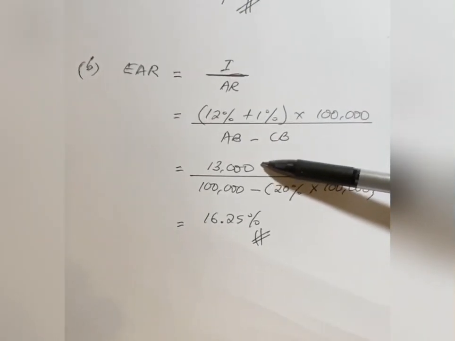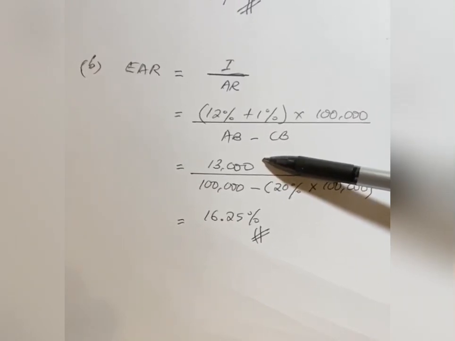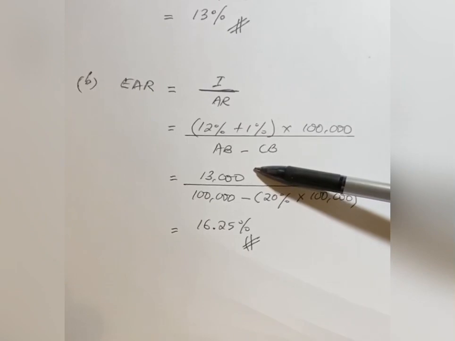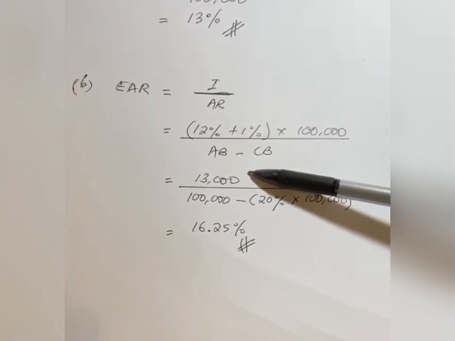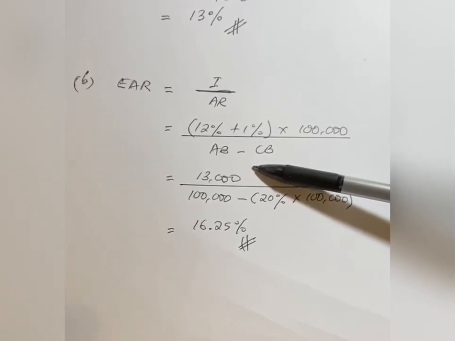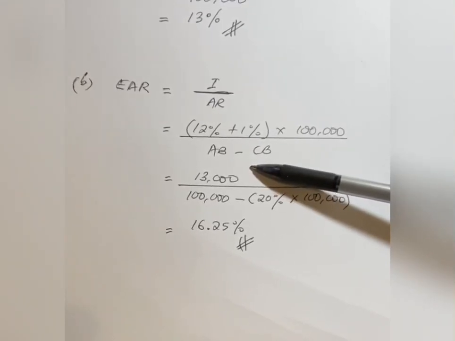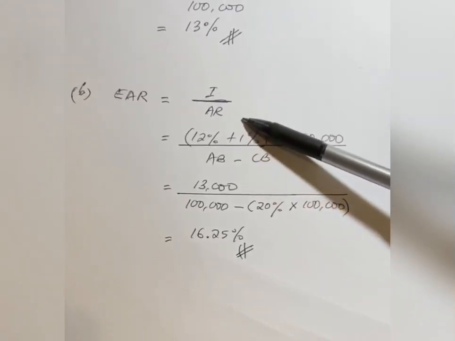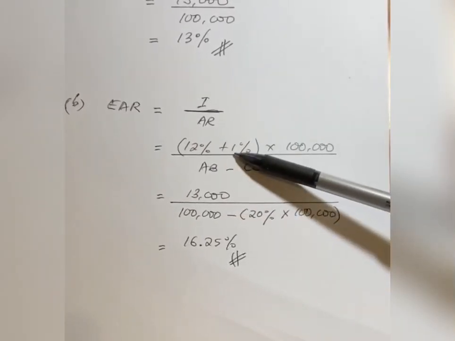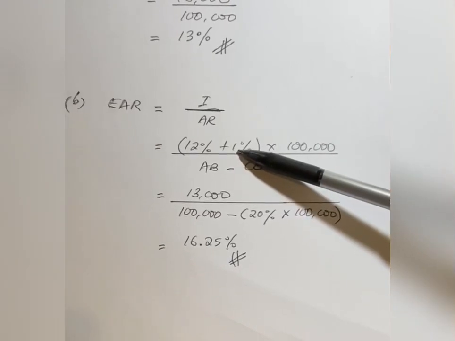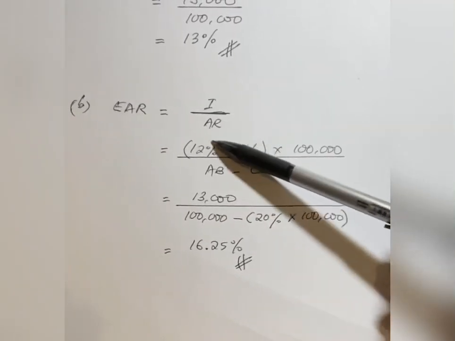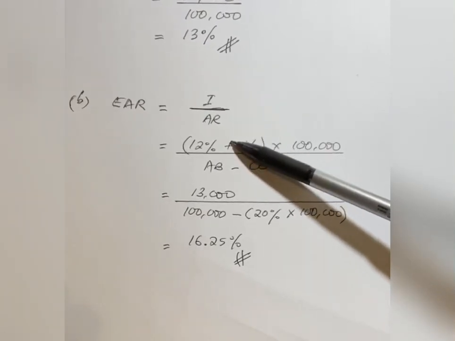Situation B, where the company doesn't have money to be accounted as the compensating balance as a requirement of the bank. Therefore, for this type of question, the amount received will be the amount borrowed minus the compensating balance. As usual, the EAR is interest over amount received.